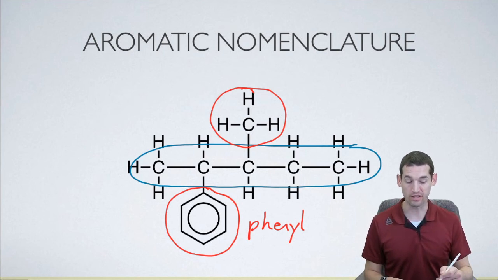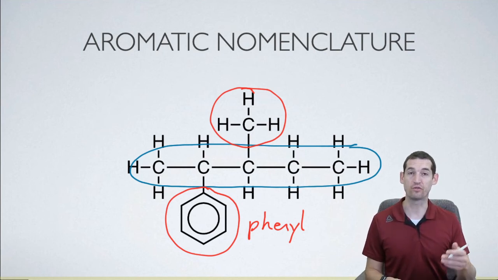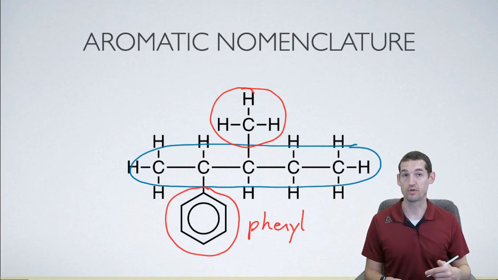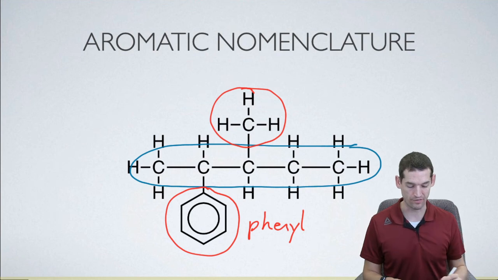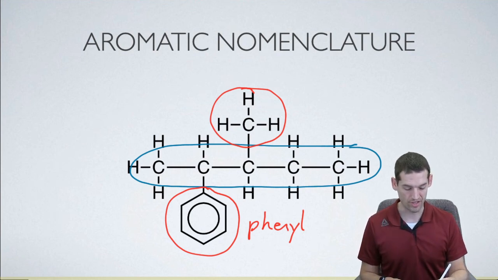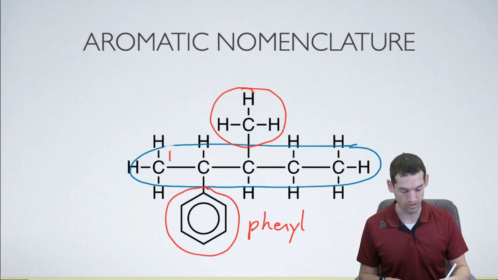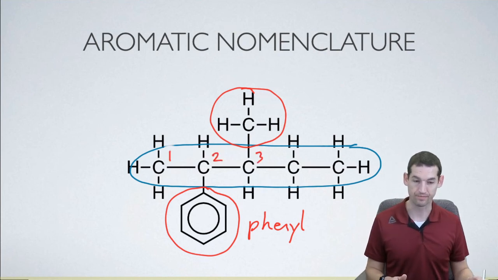So for numbering the parent, though, that phenyl group is a functional group, so it's more important. So it's my number 1 priority, so I want it to have the lowest number no matter what the branches do. So this is definitely going to be carbon 1, 2, 3.